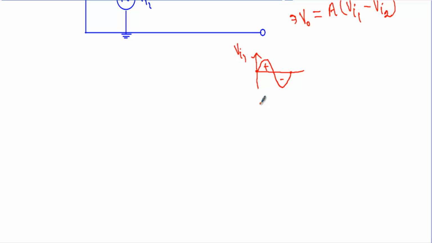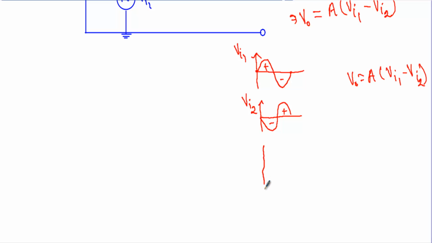Now the applied voltage at the inverting terminal should start with the negative half cycle. That means our applied input voltages will be 180 degrees out of phase with respect to each other. Now our output voltage Vo is the difference of Vi1 minus Vi2, multiplied by our voltage gain.